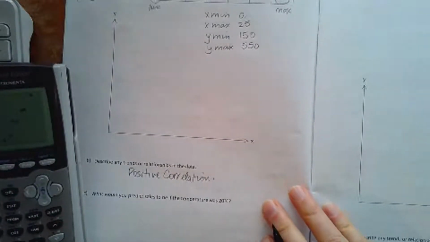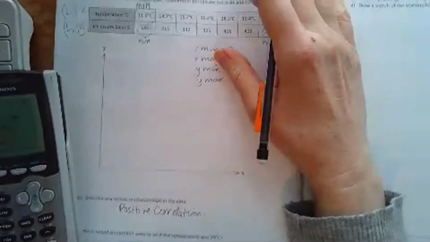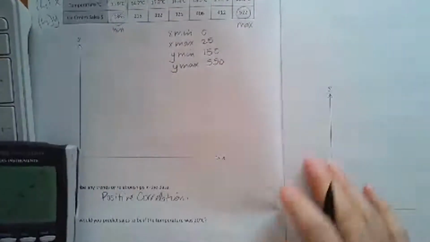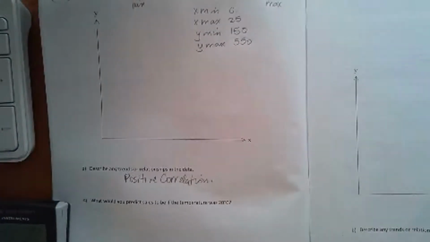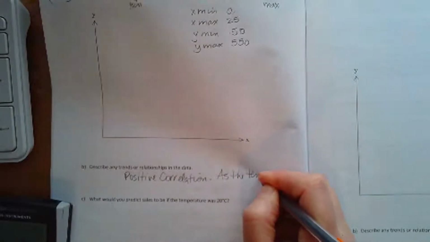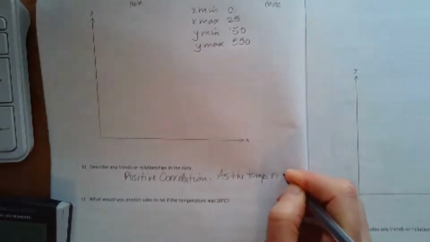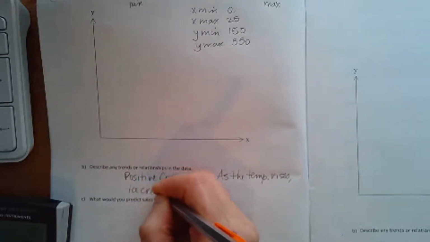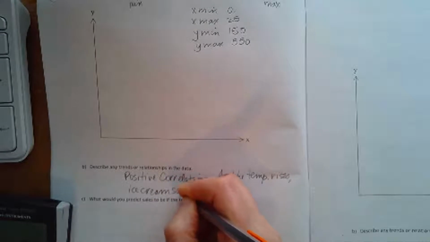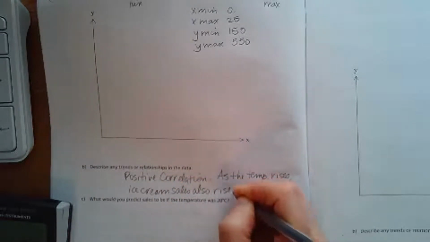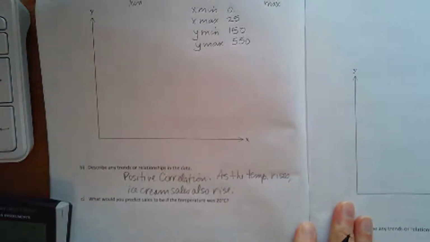The story was temperature and ice cream sales. This makes sense. As the temperature rises, ice cream sales also rise or increase, and that makes perfect sense.